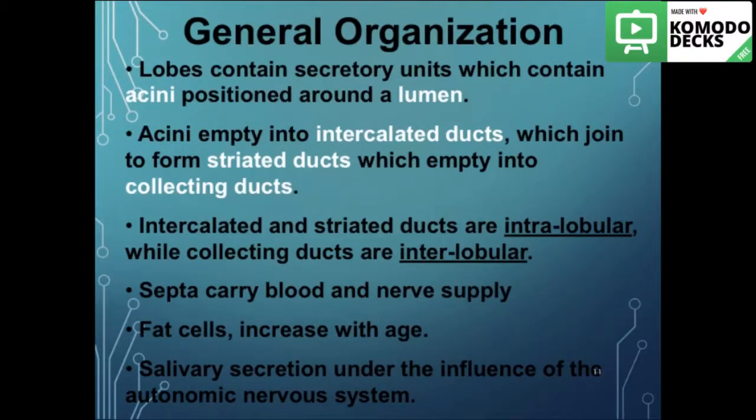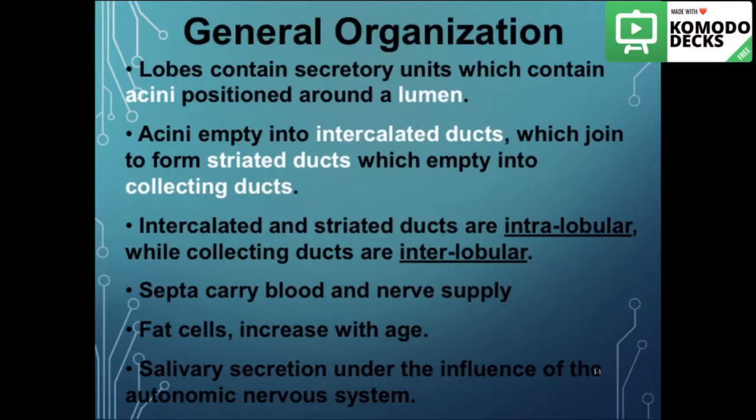So each segment or lobe contains secretory units composed of acini, which are the secretory units that we've talked about, positioned around a lumen, the space inside the acini.